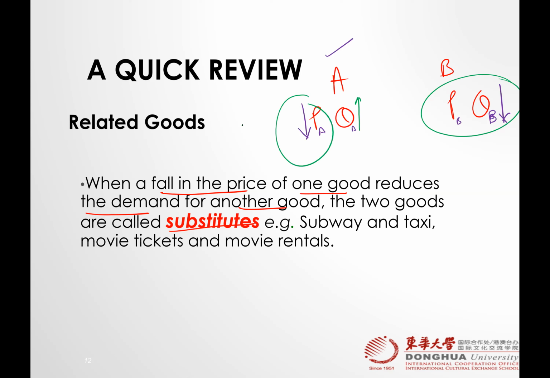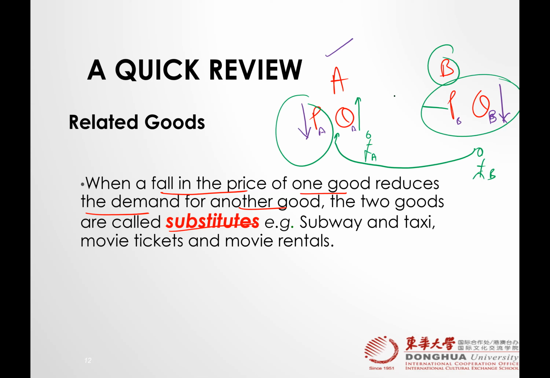Because of product A's price decrease, customers of product B consider them substitutes, so they move from product B to product A. So they become consumers of product A. Company B will say that their price has not changed.